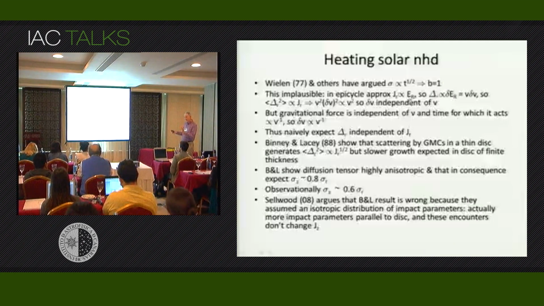And here is the physical argument as to why it can't be. In the epicycle approximation, the radial action, we derived this, is equal to the energy of radial motion divided by kappa, the epicycle frequency. So if I make a change delta J_R in J_R, that's going to be proportional to the change in E_R.